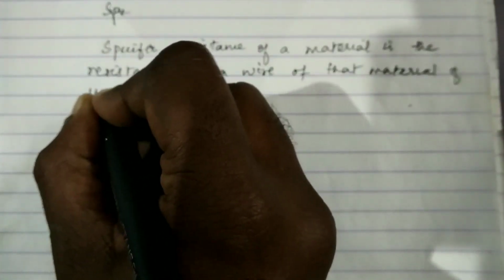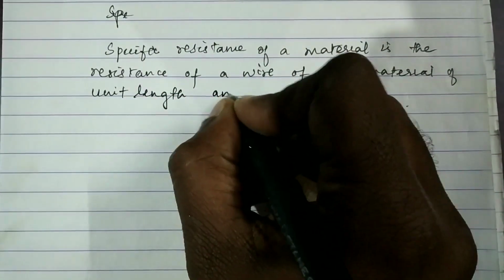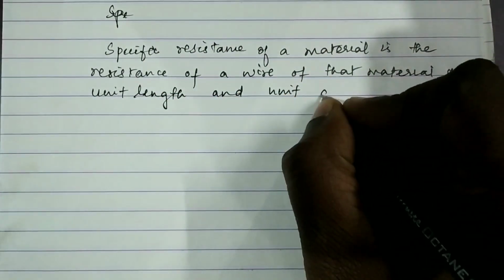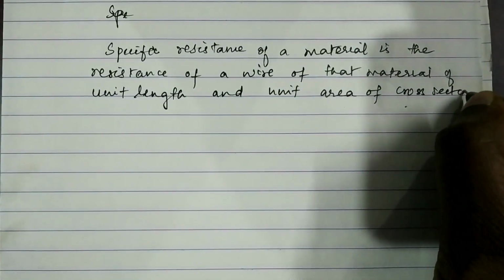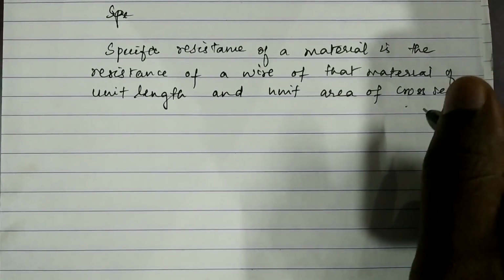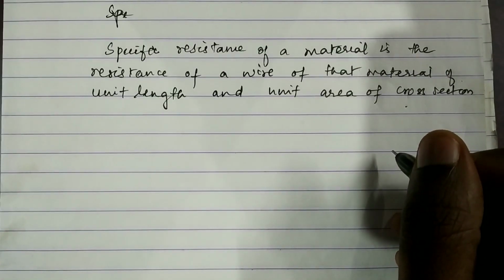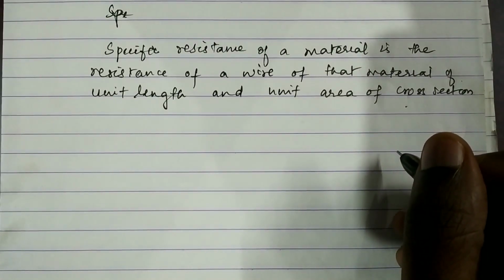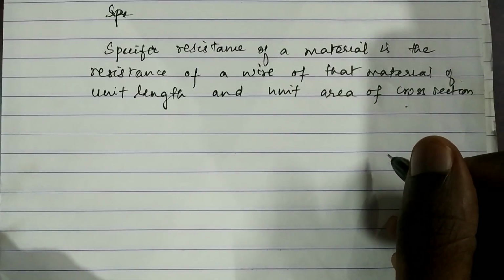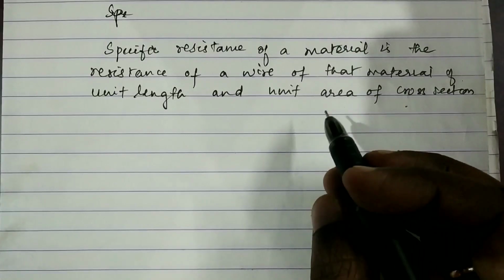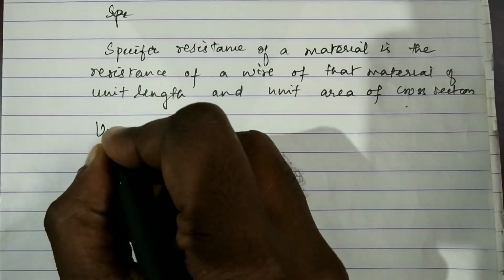So any wire made of any material, if you are taking unit length and unit area of cross section, and then you find out the resistance of that, that is what is called resistivity.